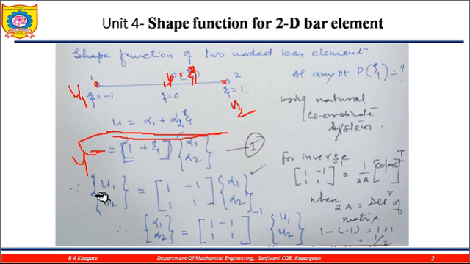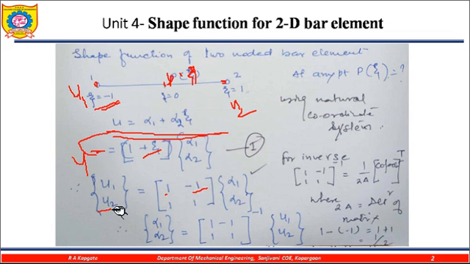So u1 is equal to, at node 1, xi is equal to -1. This we already defined in a previous lecture. So here 1, and xi is converted into -1, multiplied by alpha 1 and alpha 2.